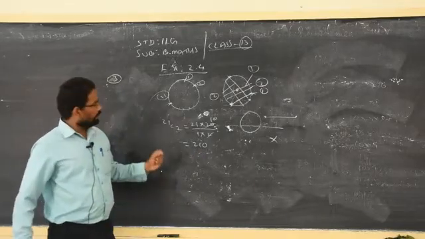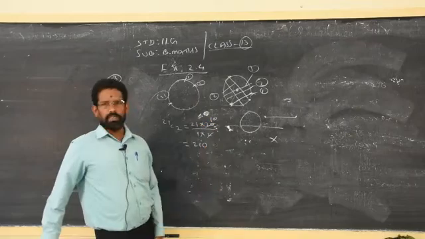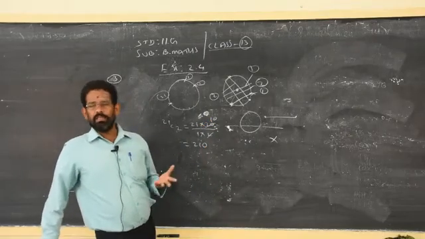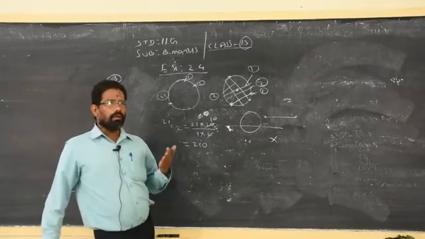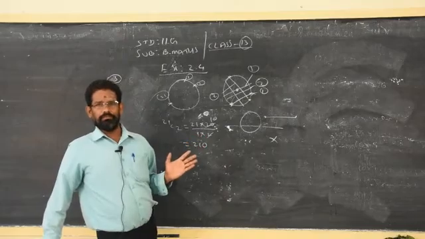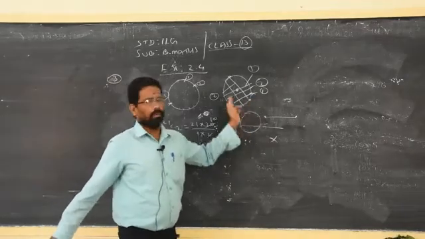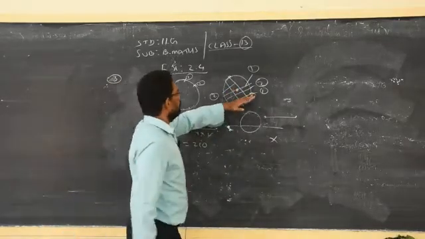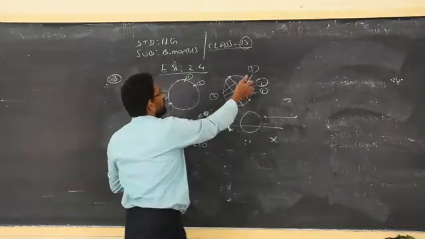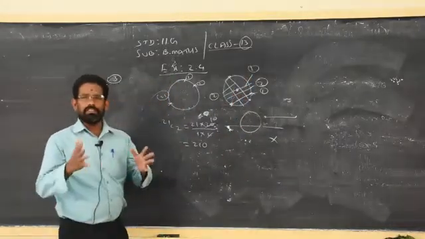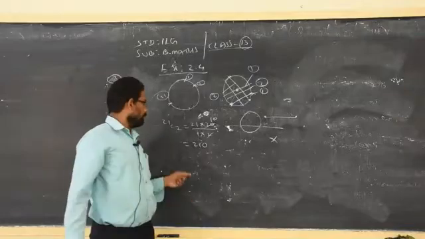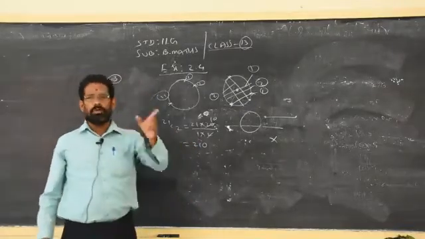Clear? Here we are not using permutation because in a circle you cannot draw chords in order. That's what I explained now. You may think this is the first chord, but I can consider this diameter as the first chord. So order is not necessary here. Therefore, I am using combination instead of permutations.